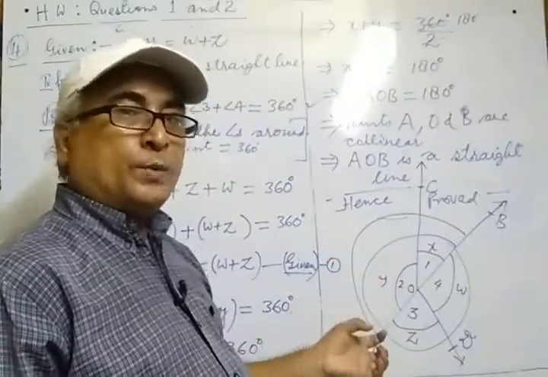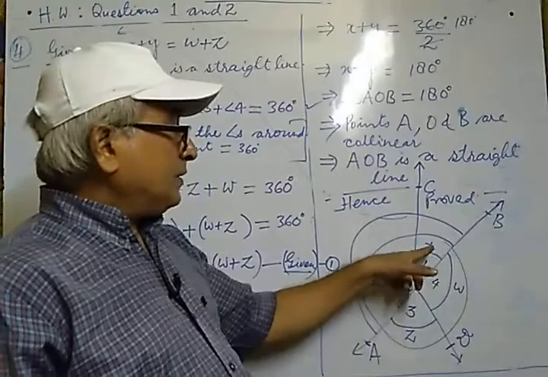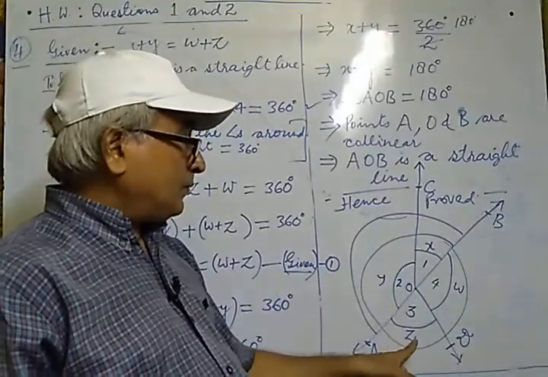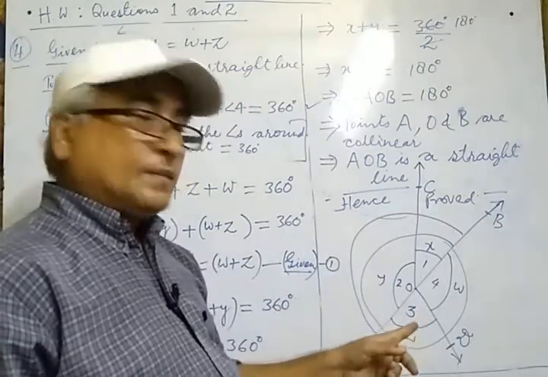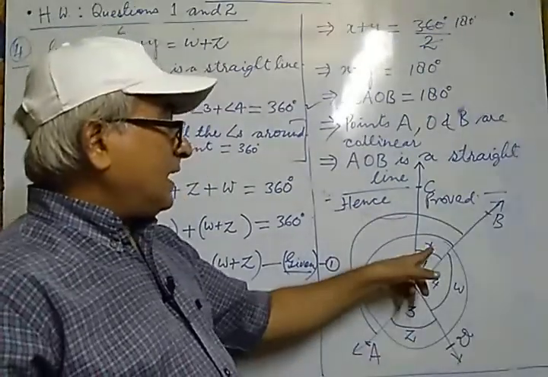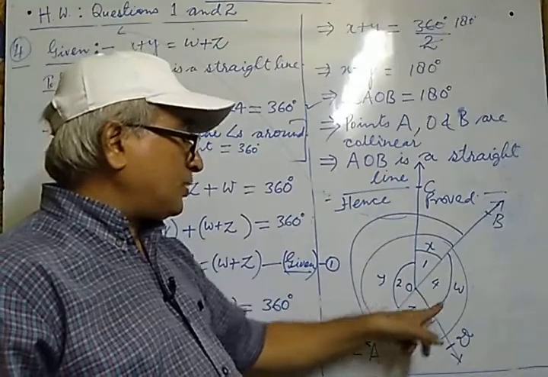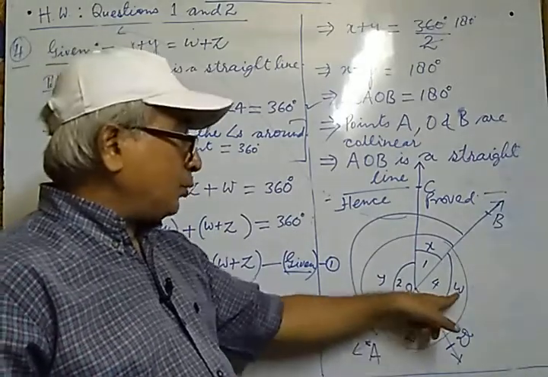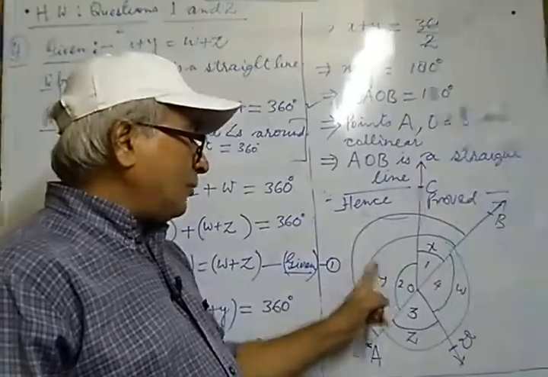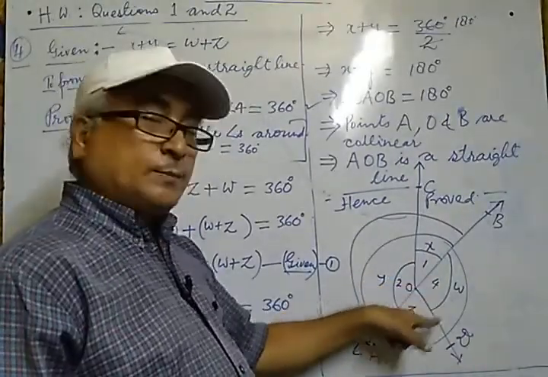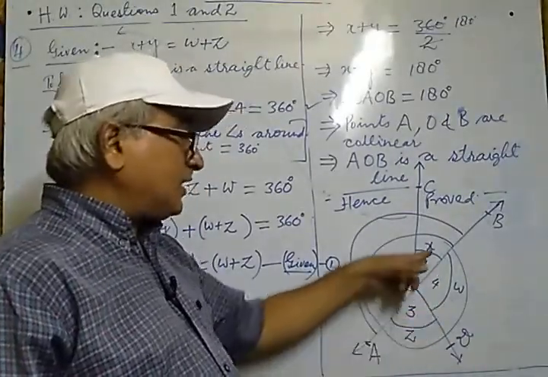We have already proved it. So this will be x plus y plus w plus z equal to 360 degree. Now the condition is there, x plus y equals w plus z. In the place of w plus z, what can be noted down? X plus y, because w plus z equals x plus y.